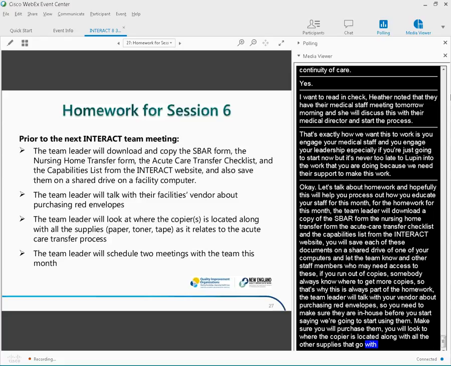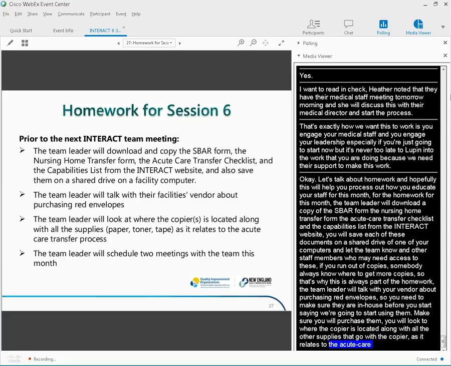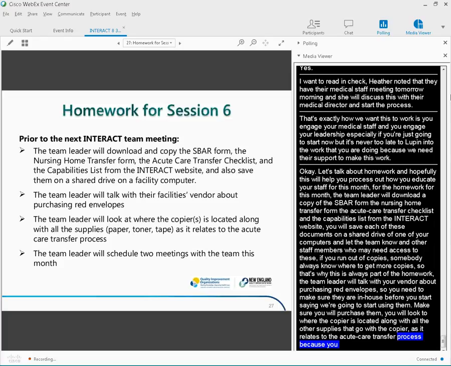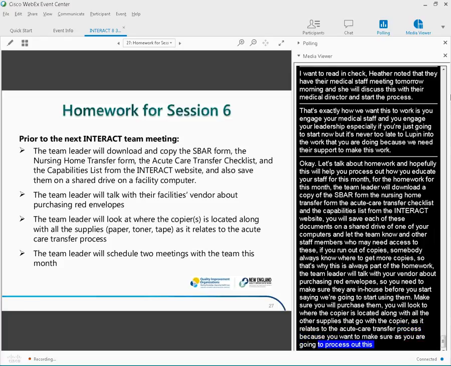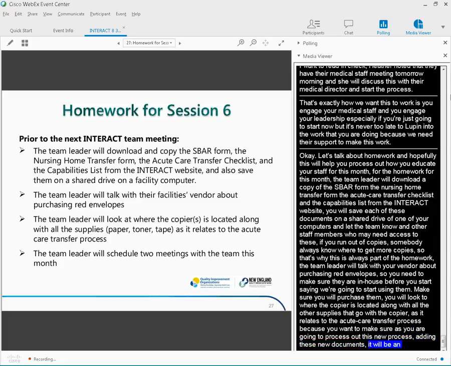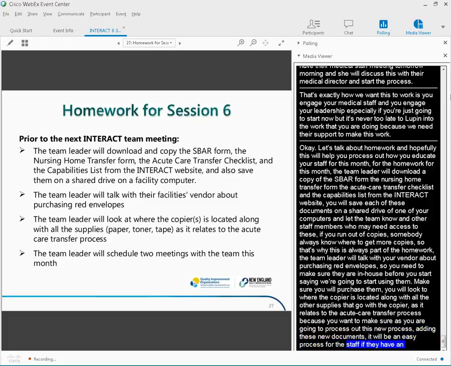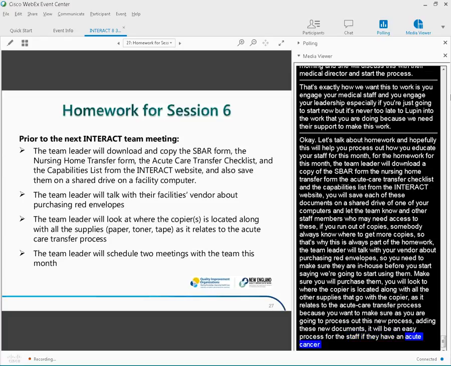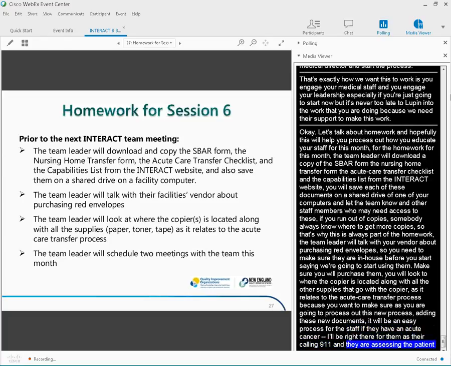You want to make sure that as you add these new documents, it's an easy process, so if staff has an acute care transfer, everything is right there as they're calling 911 and assessing the patient, while another team member gets these forms together.